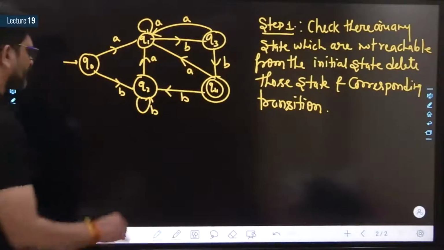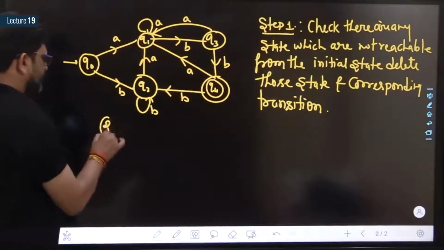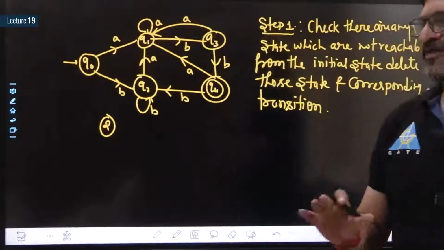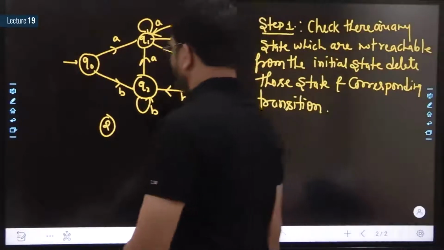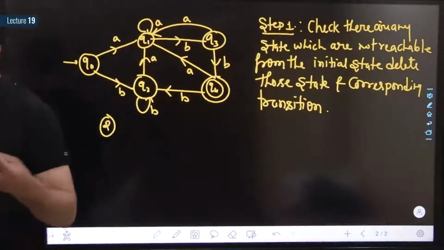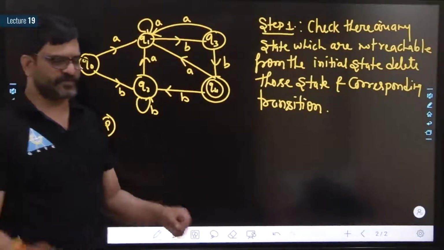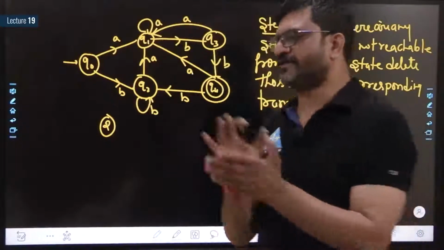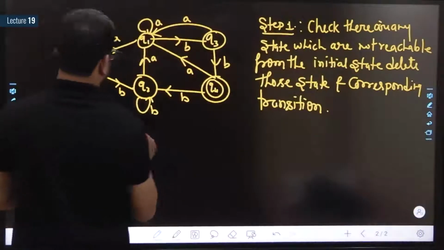Second step: find out the zero equivalence set. What is the zero equivalence set? Divide the total DFA into two groups: final states in one group and non-final states in another.